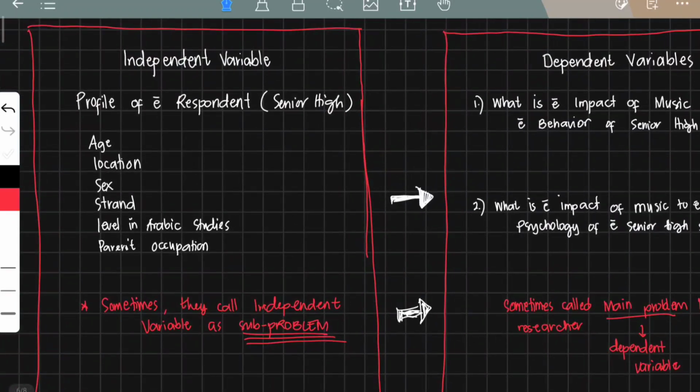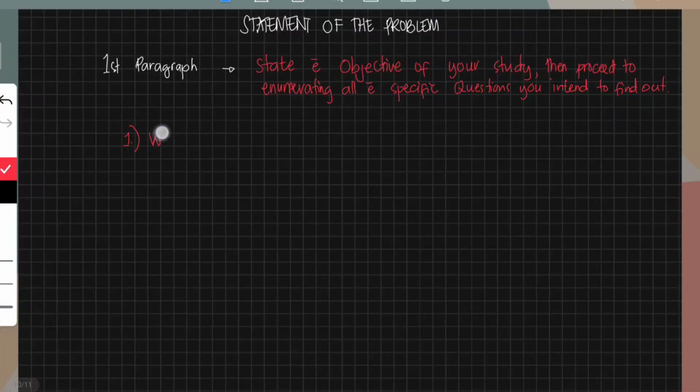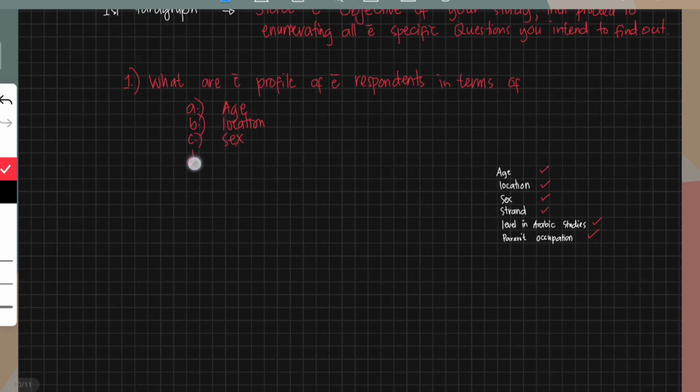So, di ba ang binigay natin na first question on our research question is the profile of the respondents. So, syempre, isusulat mo sa first question ng statement of the problem mo is, what are the respondents' profile in terms of age, location, sex, strand, level of Arabic studies, and parents' occupation.